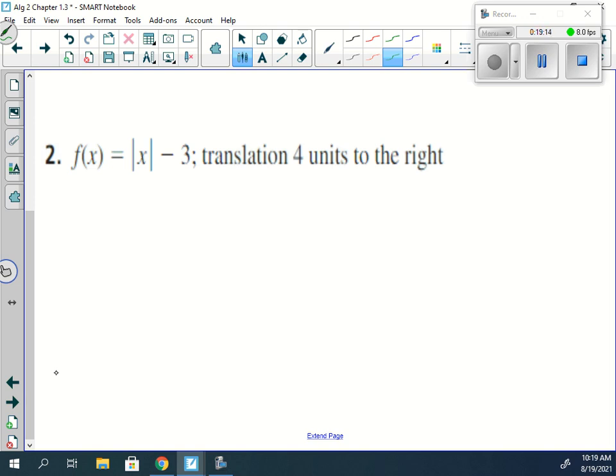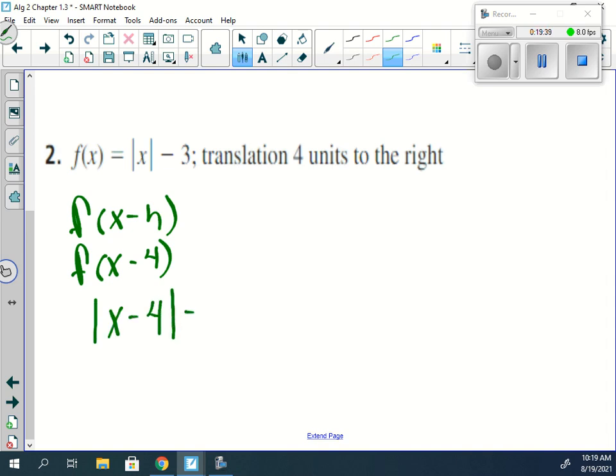Here, we're moving it 4 units to the right. So if I were using this here, we would say x minus 4. And we replace this every spot x is. Anything to combine?